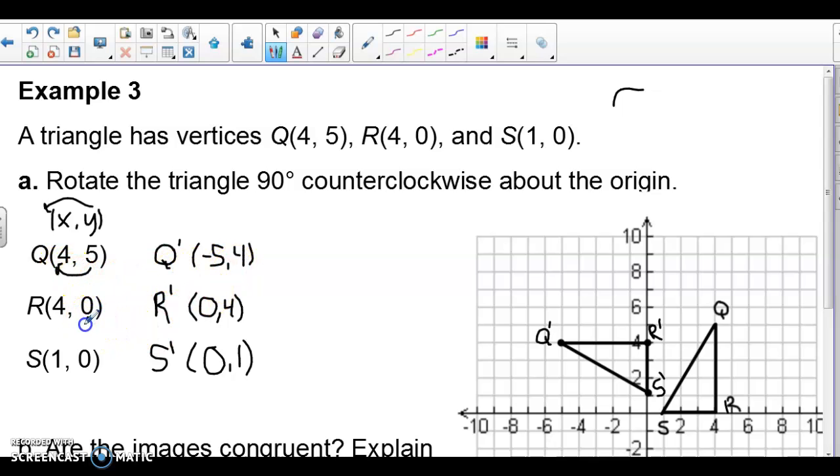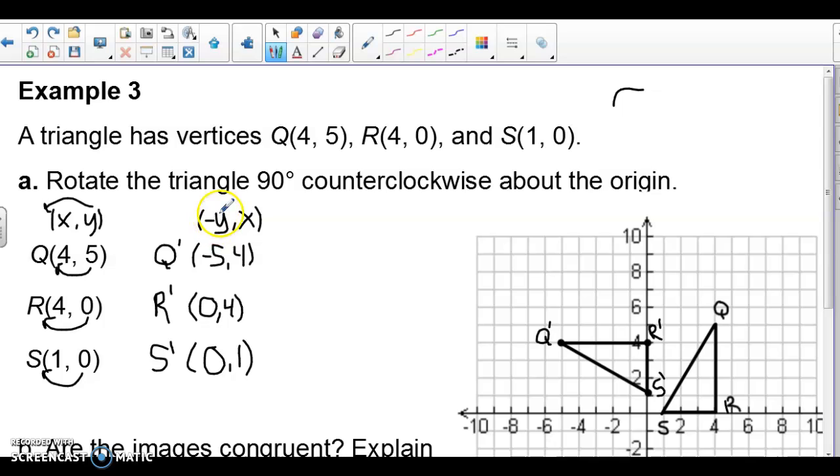For 0, the opposite of 0 is 0, so it's going to go first, but it's still going to be 0. So 0, 4 is our new point, and the same here again. 0 goes in front, the opposite of 0 is 0, so 0, 1 is going to be S prime. So the rule is xy becomes the opposite of y, and then x.